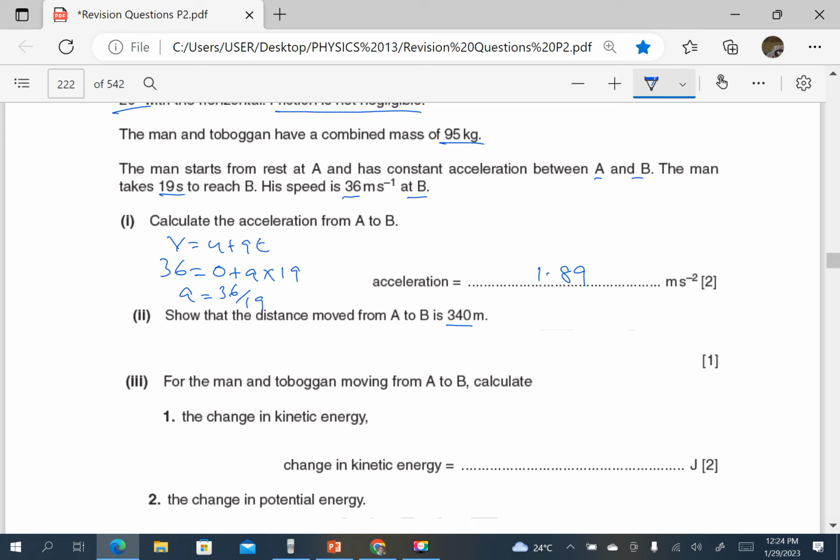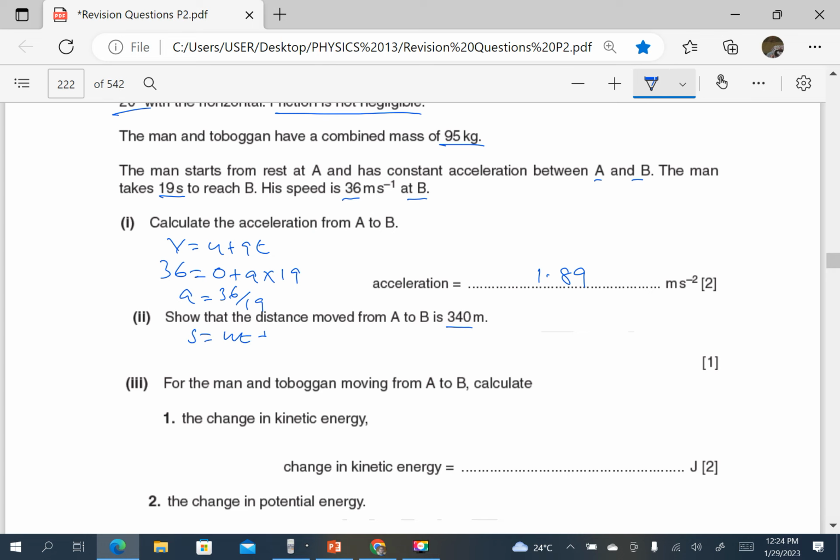So using the equations of motion, we want the distance from A to B. So I'll use s equals ut plus a half at squared. I'm now substituting. Initial velocity is 0, it started from rest, so this part will be 0. I remain with a half times the acceleration I've got as 1.89.